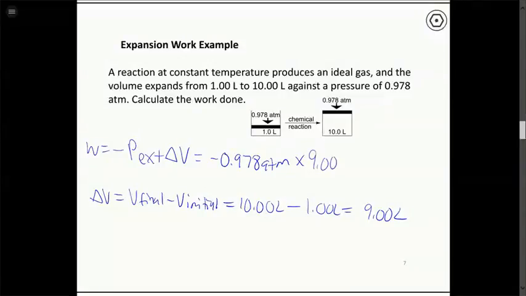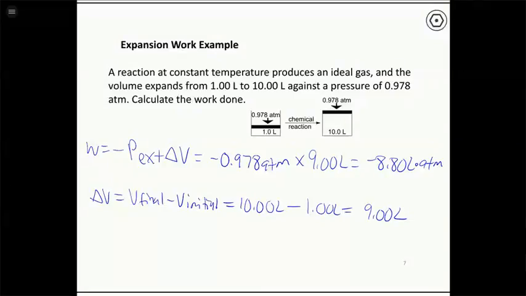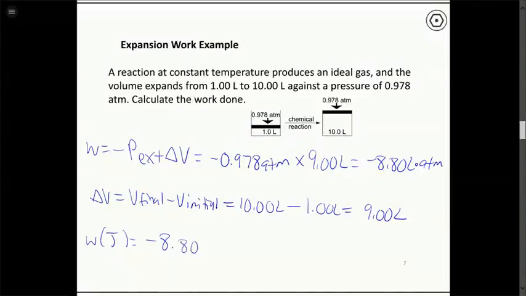So negative P external times delta V, we get minus 8.80 liter atmospheres. And remember, this is a non-standard unit for work or for energy, so you have to convert that into joules then. We have minus 8.80 liter atmospheres, and then the conversion that I gave you is 101.3 joules for every liter atmosphere.